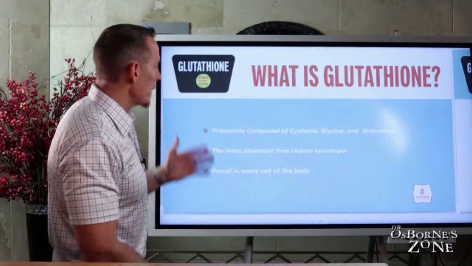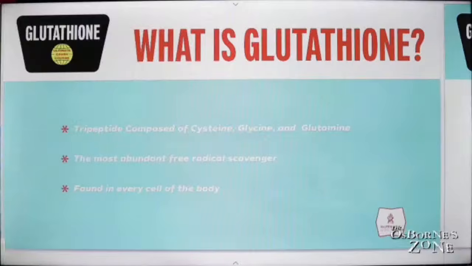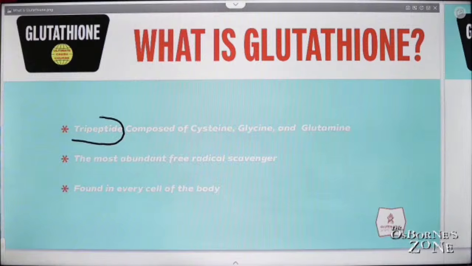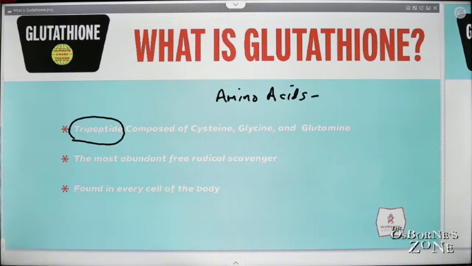But what glutathione is, it's called a tripeptide, a combination of 3 amino acids. So we've got amino acids, which are derived from proteins. But in particular, this is composed of cysteine.